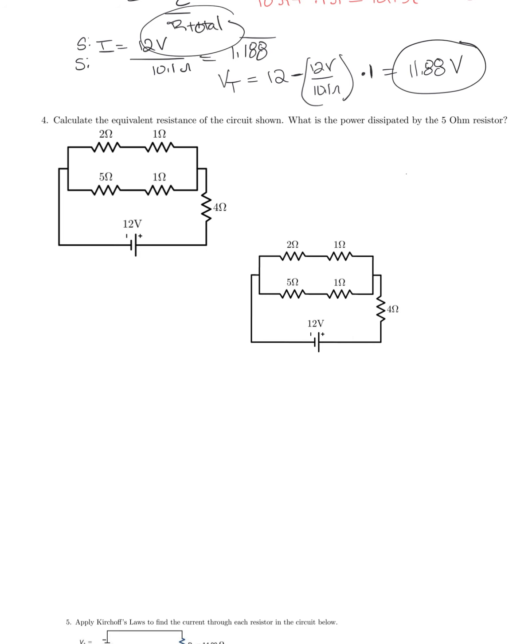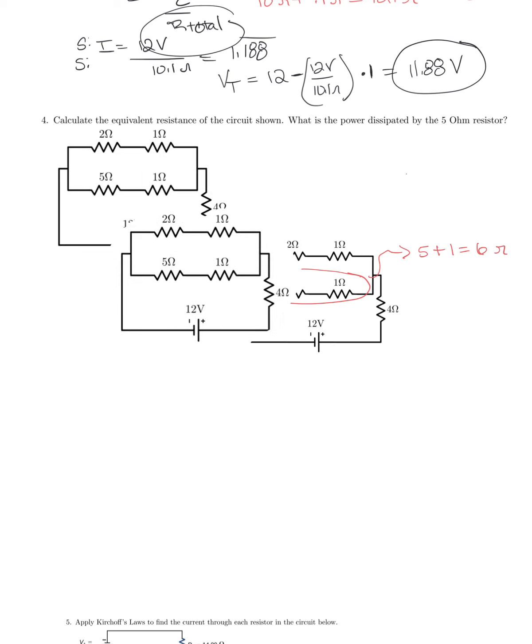All right, so call this number 1. So the very first thing we're going to do is we're going to combine these two guys right here. And these resistors, when they are in series, you add them linearly. So we have 6 ohms. And so we are now going to redraw our circuit with that new equivalent resistance in there.